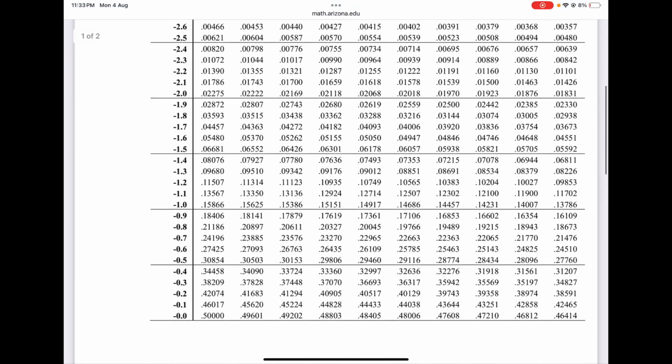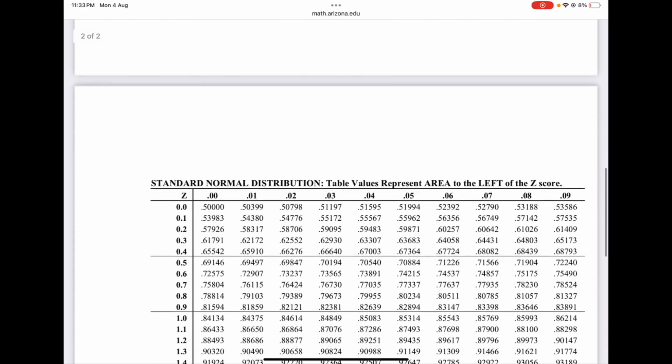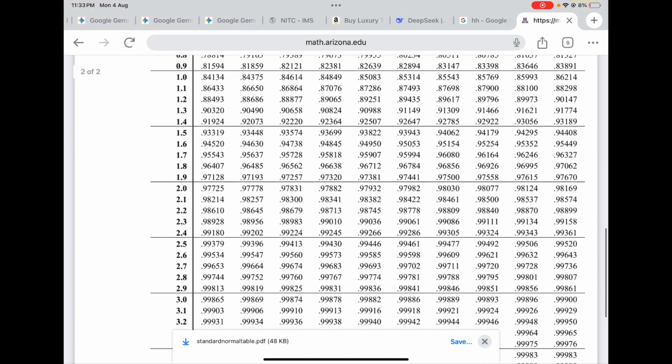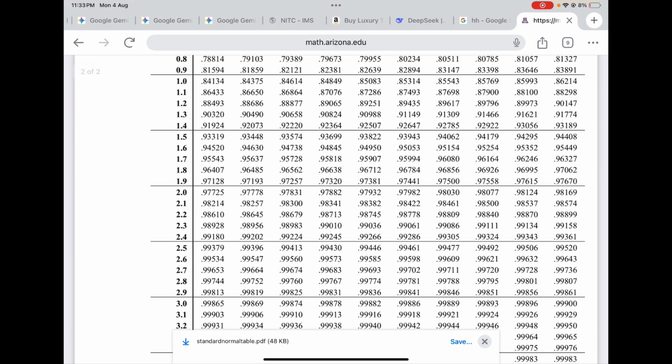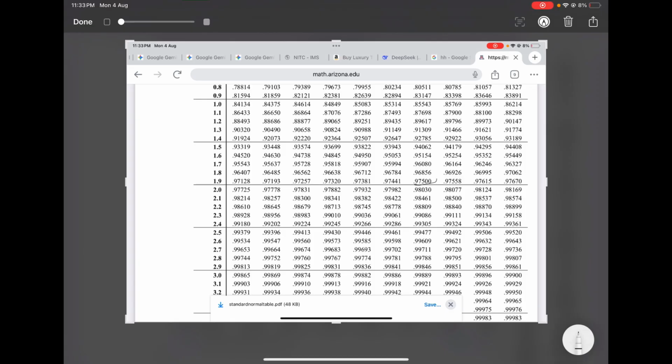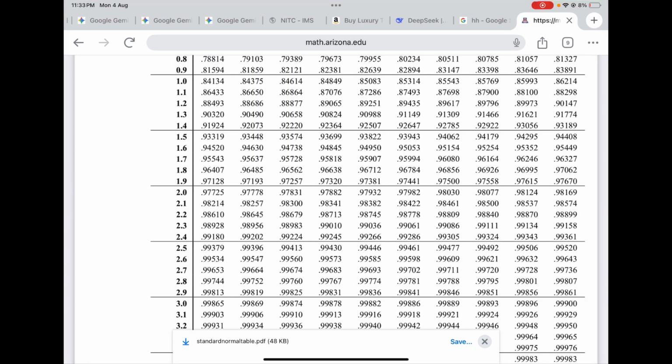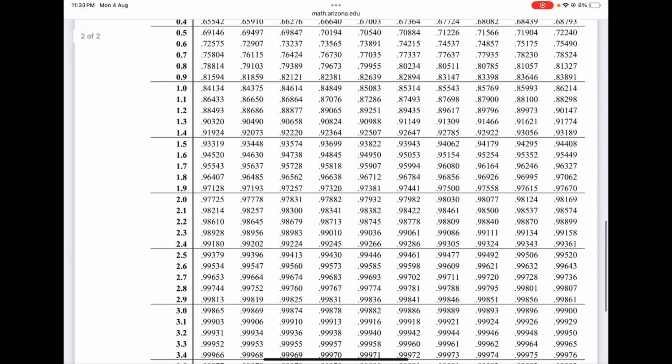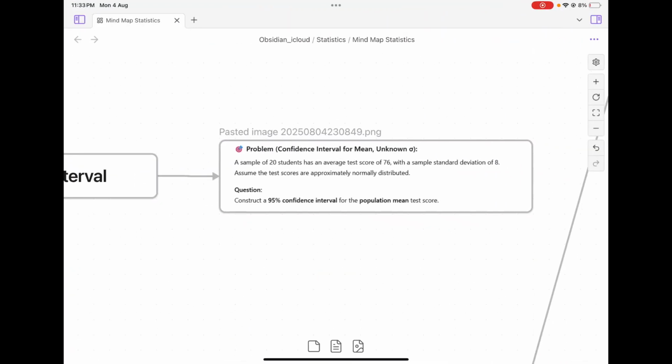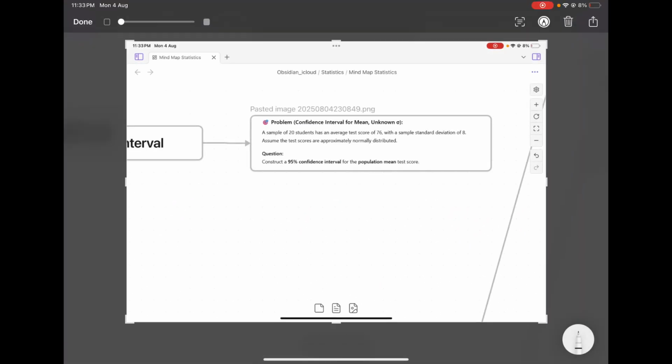Again we will search here. From the table you can see it is 0.975, which is equal to 1.96.